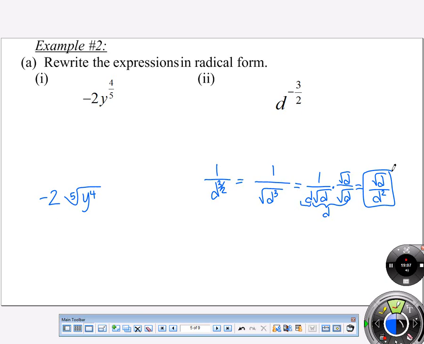You could have actually done this whole thing in exponent form without even going into radicals. So those of you that like your exponent rules and are comfortable with it, once you got to this step right here, I know the directions said radical form, so that's right for this one, but I'm just pointing out to you that you can do this. If it just says simplify and it doesn't say radical or exponent form, you could simplify in exponent form, but you have to recognize that having this fraction power in the denominator is the same thing as having a radical in the denominator.